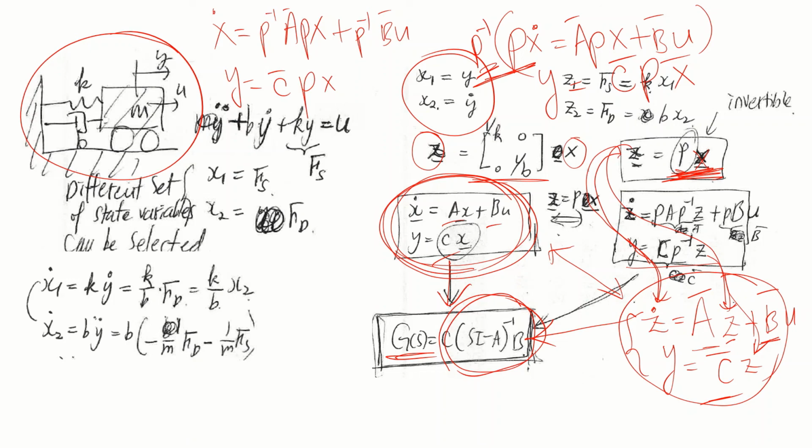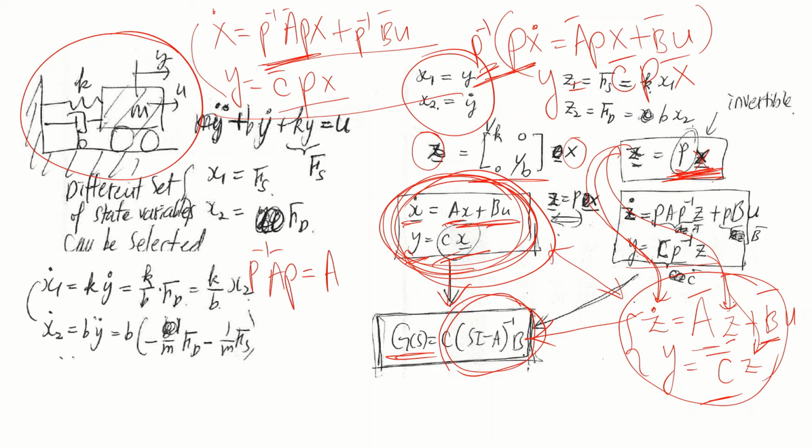Okay, and now I want to compare this one with this. The left hand side is x dot or y, and so the right hand side expressions should be the same. If we compare the A part, then P inverse A bar P is A. Here, P inverse B bar is B, sorry.